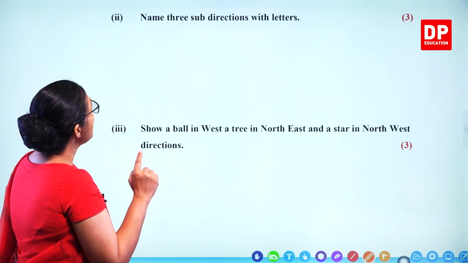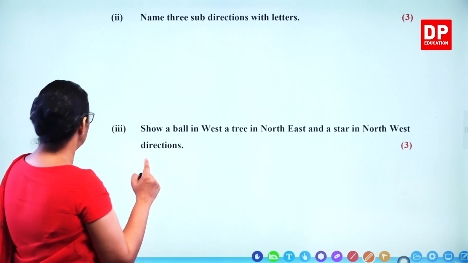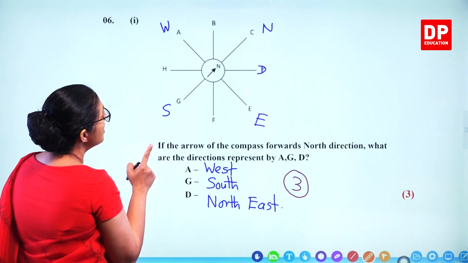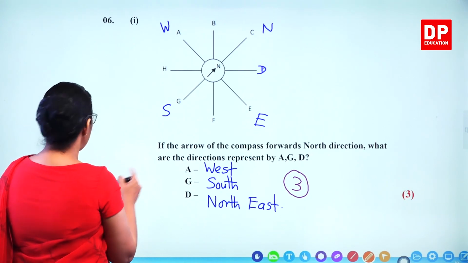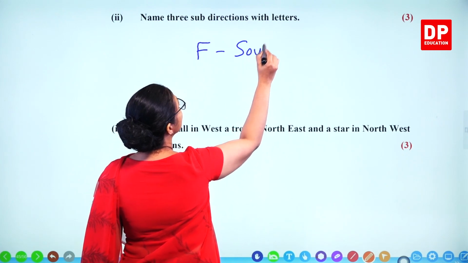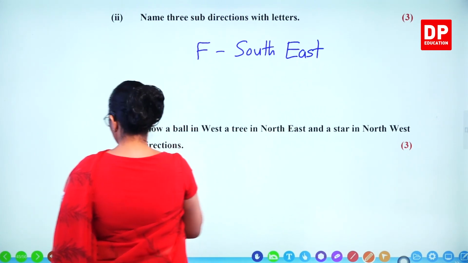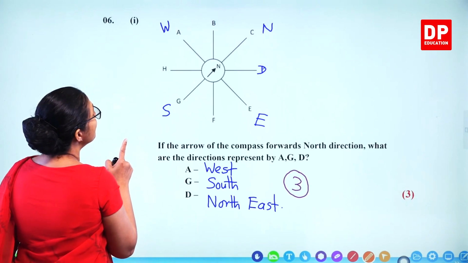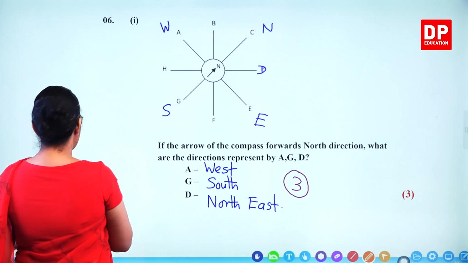Part 2. Name 3 subdirections with letters. Subdirections. F, southeast. Then H, southwest.